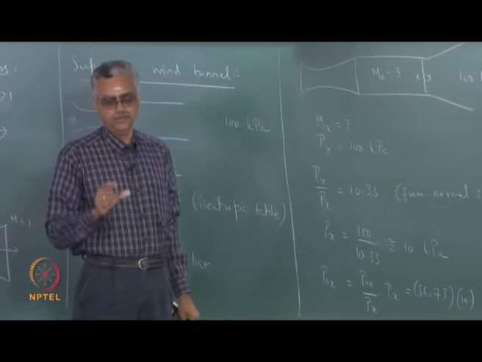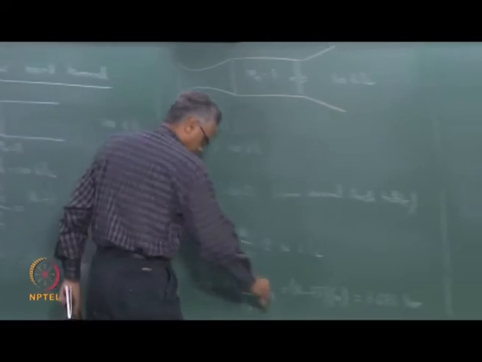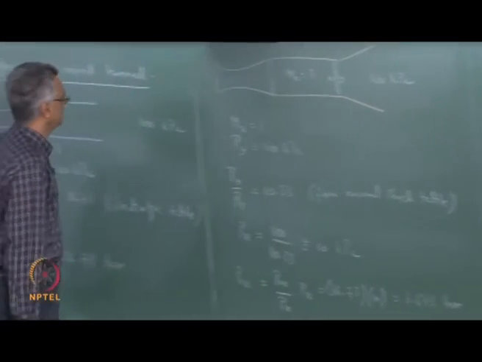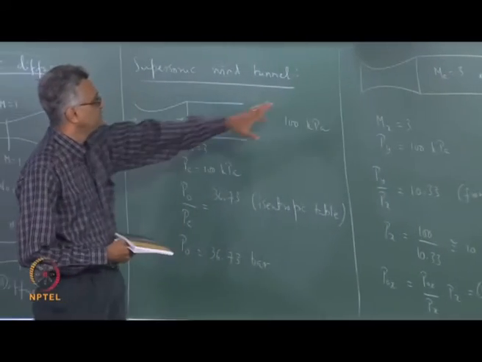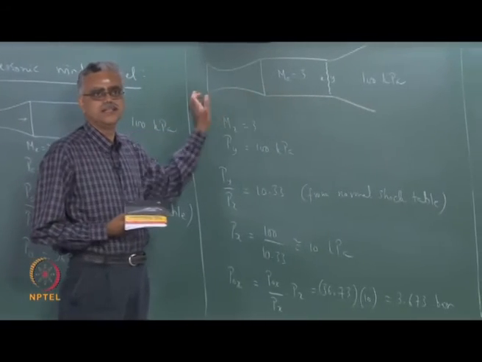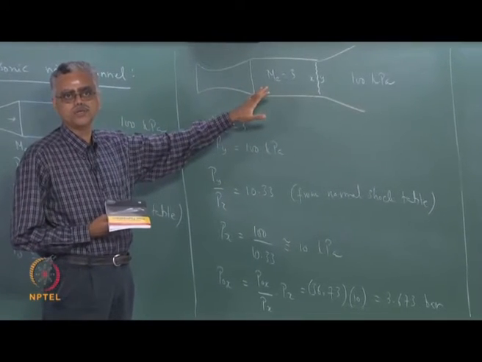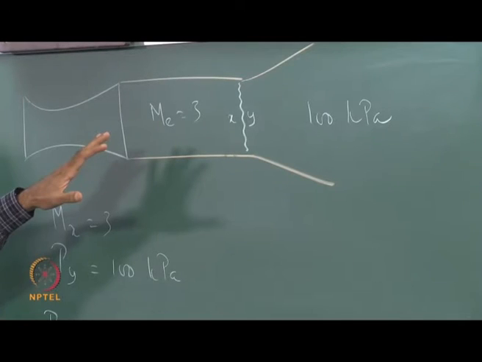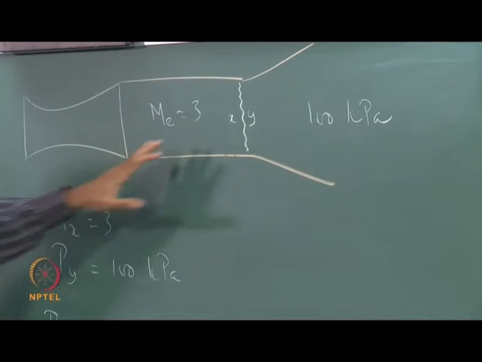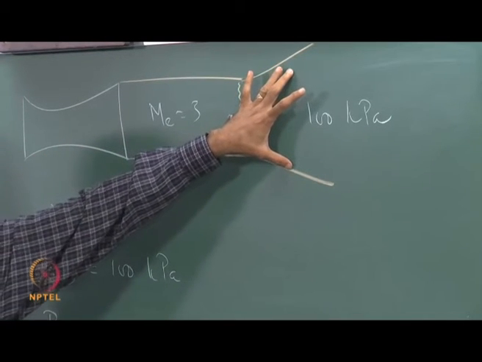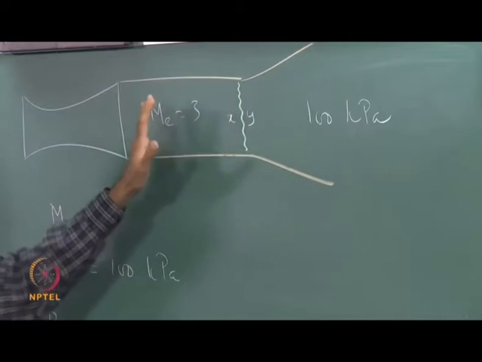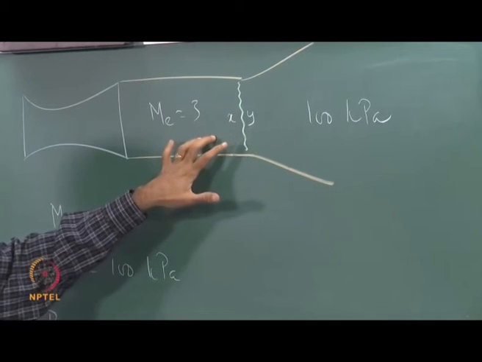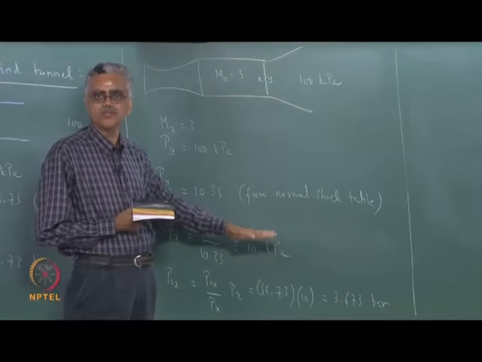So what I am trying to tell you is, if you want to test objects and other things in a supersonic tunnel, so this would become a test section. The entire setup is called a supersonic wind tunnel. Okay, so you can see that adding a diffuser will actually benefit, and we can design things properly. If you design things properly, we can actually reduce the amount of power that is required.